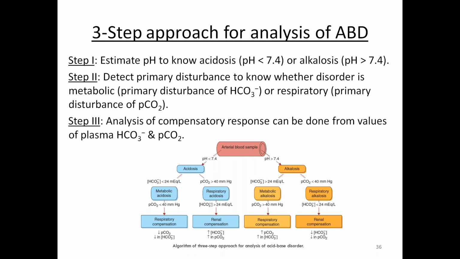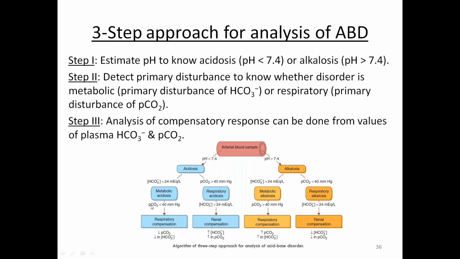Now, another value given to you is PCO2 being, let's say, 27. So what do you make of that? A PCO2 value lesser than 40 is leading you towards alkalosis.